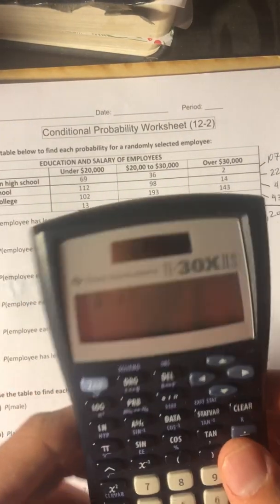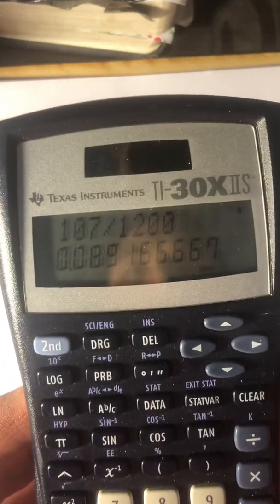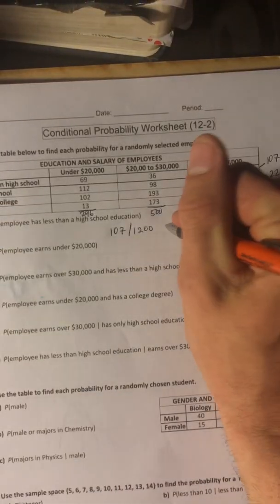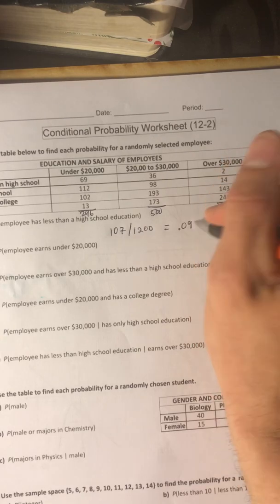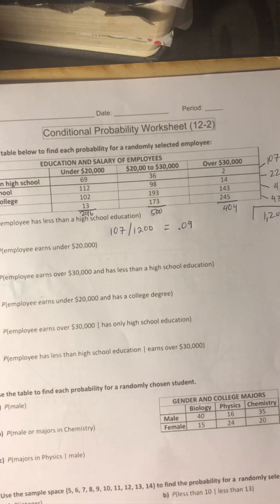You can write this as a decimal, 107 divided by 1,200, and you can say it's 0.09, not percent, but chance.